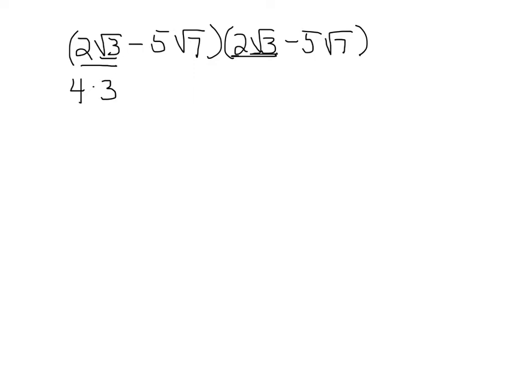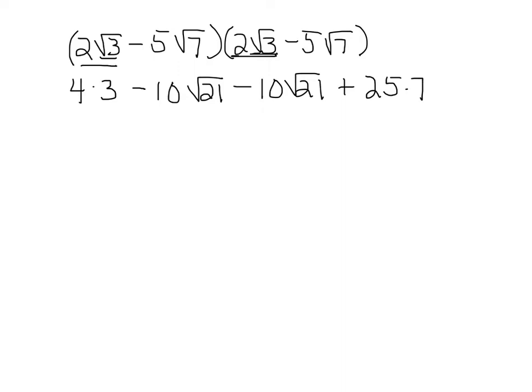That's first. Outer is minus 5 times 2 is 10. Root 3 times root 7 is root 21. Inner is the same thing, negative 10 root 21. And last is negative 5 times negative 5 is 25, and root 7 times root 7 is 7.